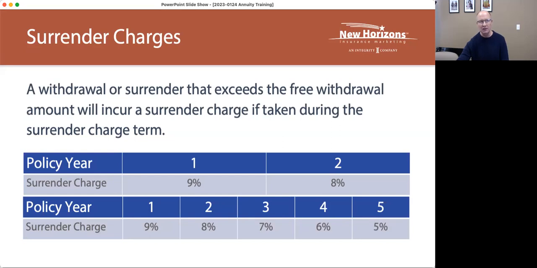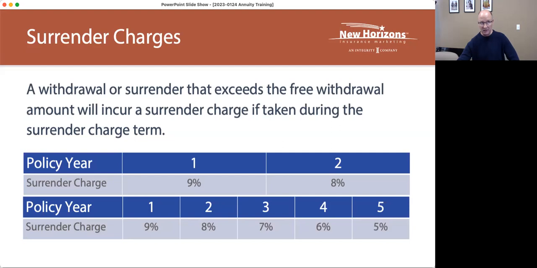So that first line that you see, policy year 1 at 9%, policy year 2 at 8%, that would represent in general a 2-year annuity. In that line, if I was to quit 6 months into the contract, they would penalize me 9% to take any money out, whether it's a portion of the money or the whole thing. They would assess that penalty charge to me.